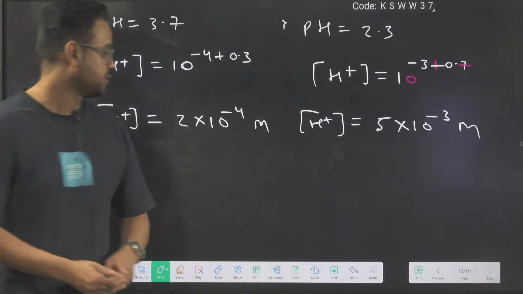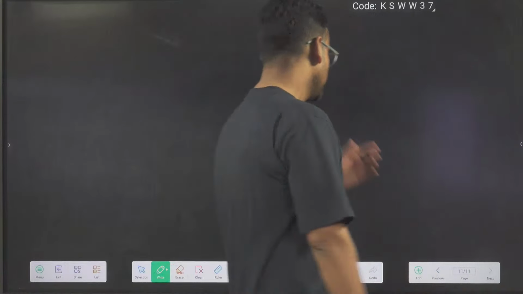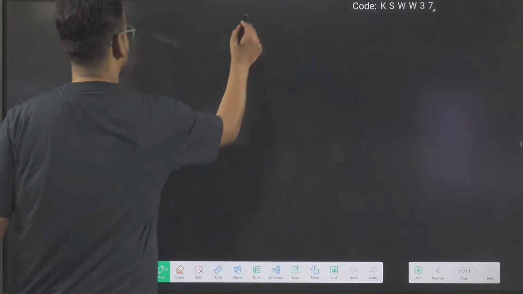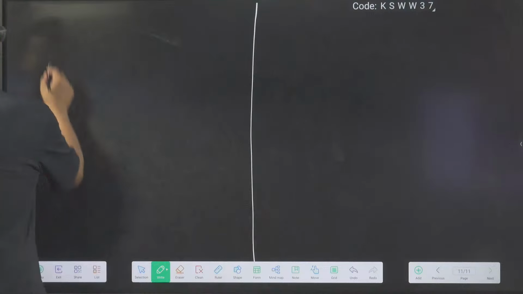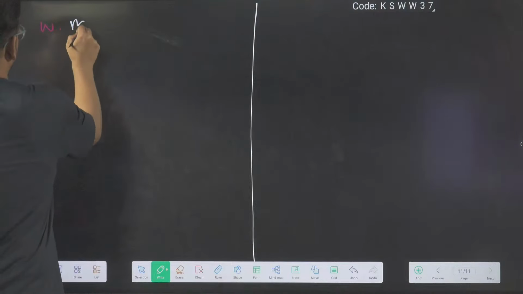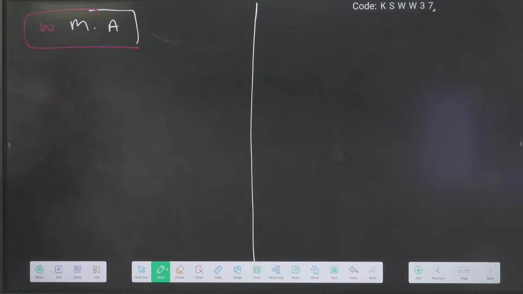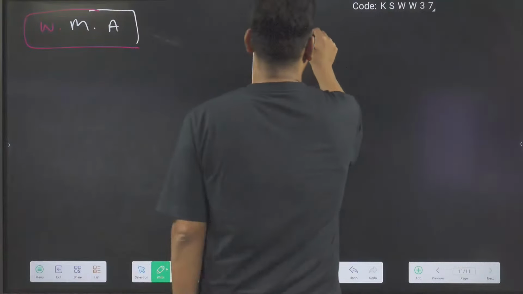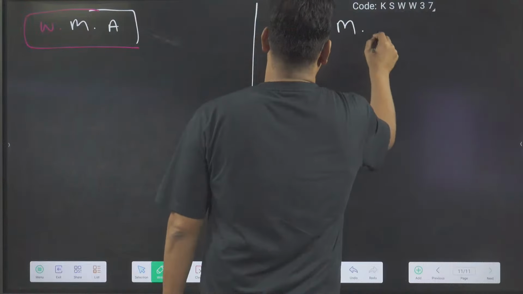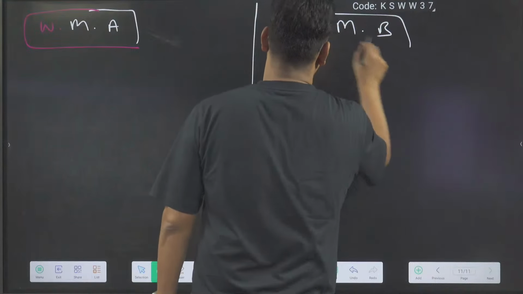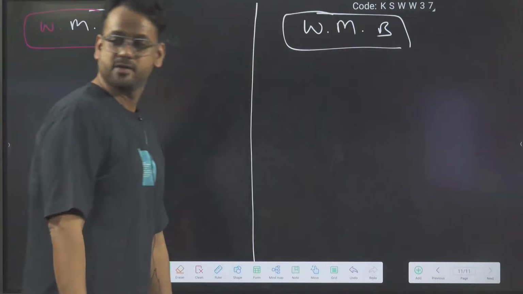Okay, boys and girls, next we will talk about weak monoprotic acid and weak monoacidic base. Only these 2 are in our syllabus.